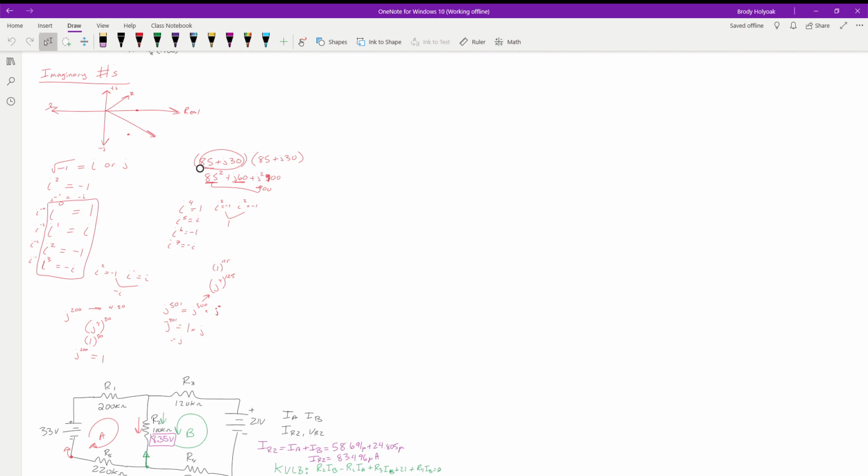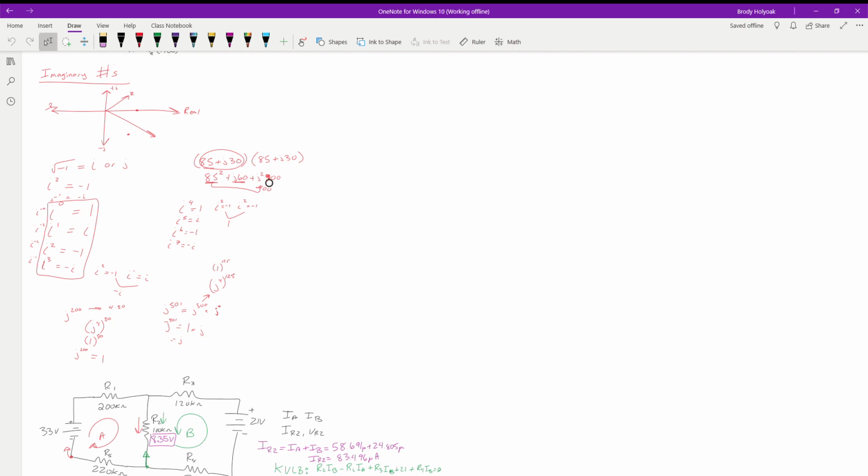So in this one, when we're multiplying guys together, remember we're going to FOIL. So we're going to take our first number and we're going to multiply it by everything in the second value. Take the second number, multiply it by everything in there, and then combine everything together. So we end up with an 85 squared. We end up with a plus J30 and a plus J30 times 85. And then we also end up with the J squares multiplied together.